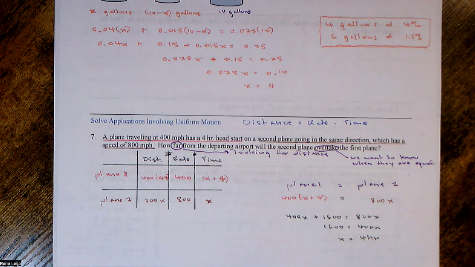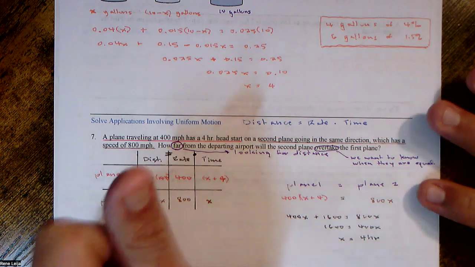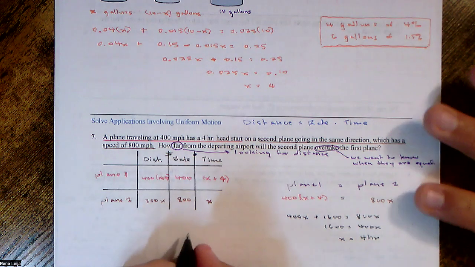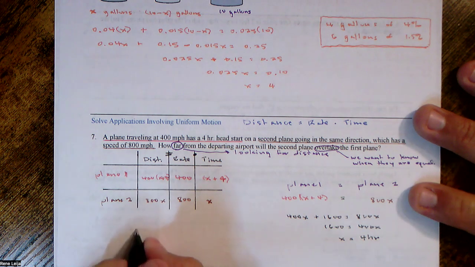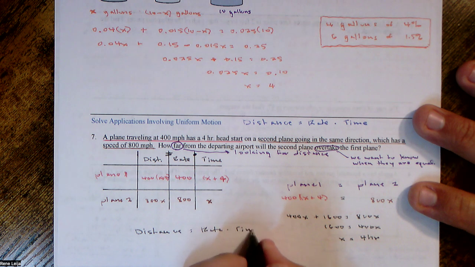So we had to set them equal to each other so that we could find the time. They want the distance. So when is the second plane going to overtake the first? That means I'm looking at the 800x. So distance equals rate times time.